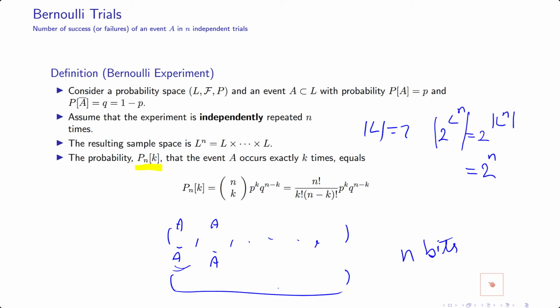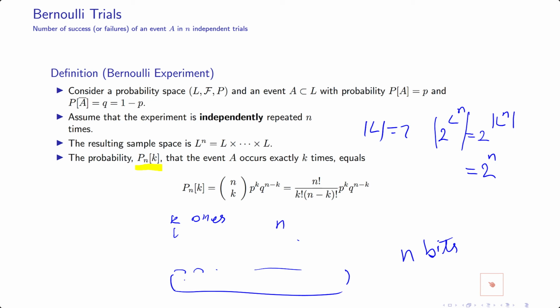So obviously, if you have k ones and n minus k zeros, you want to put these ones in n different slots. So you have k ones, and you could put one here or you could put it here and so on. For the first one, you have n possibilities.